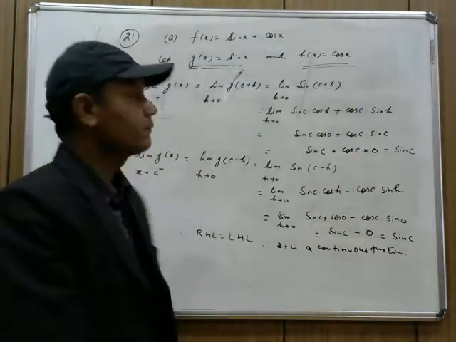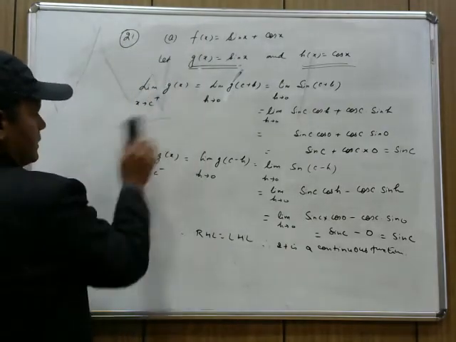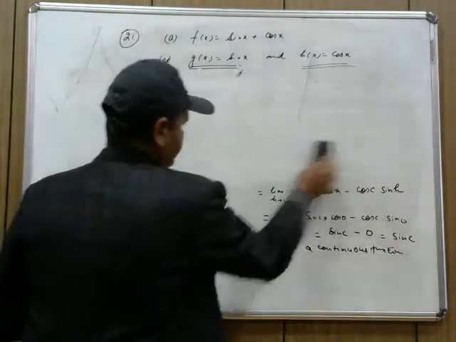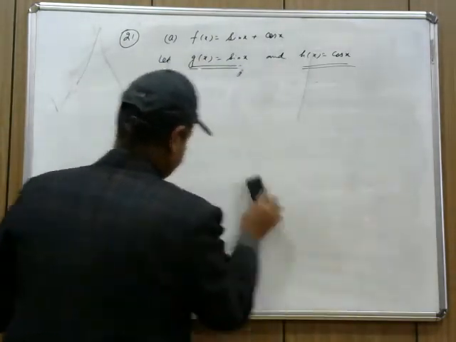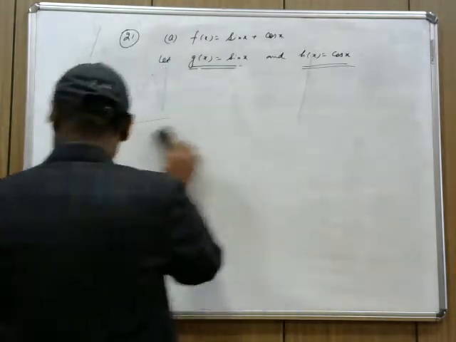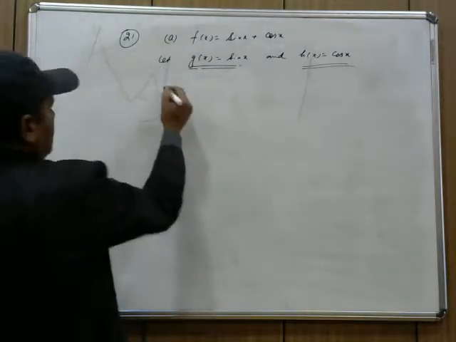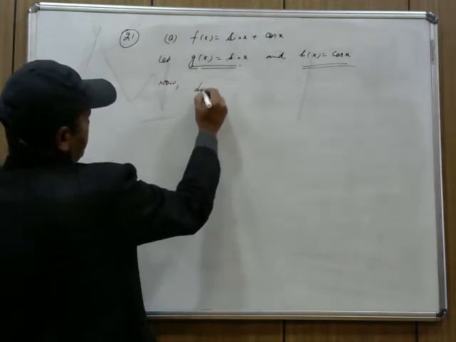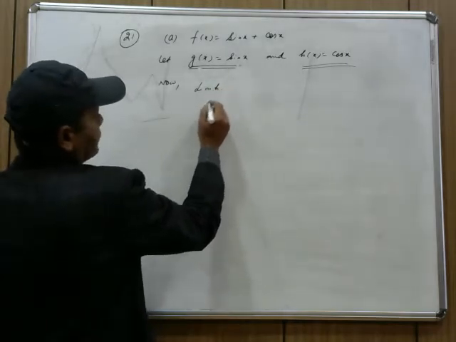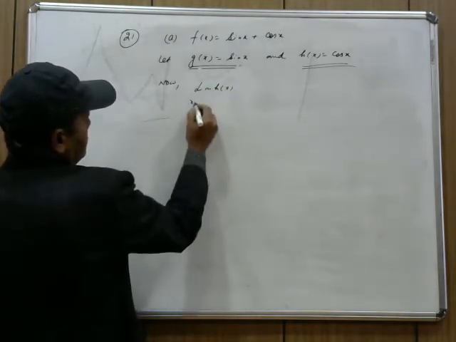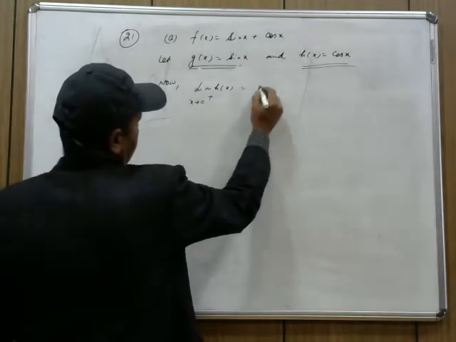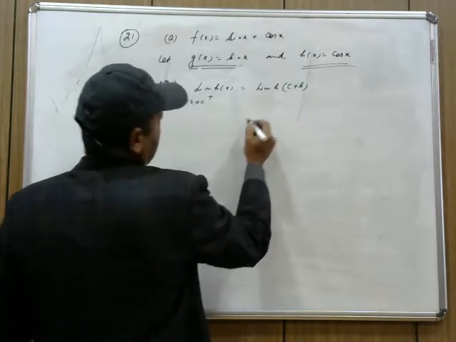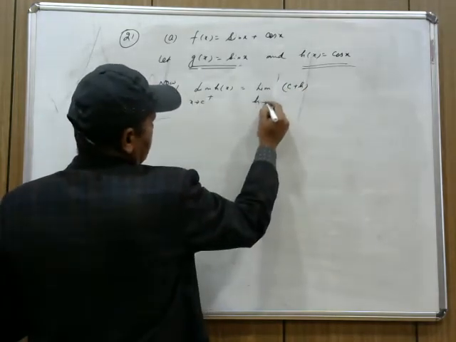And similarly, I will check it for h(x), and that is equal to cos x, right? Same thing. Now I will check the limit of h(x) as x tends to c plus, which is equal to limit h tends to 0 of h(c plus h).